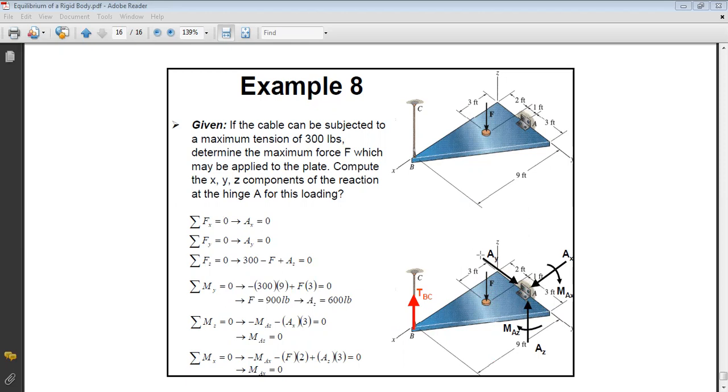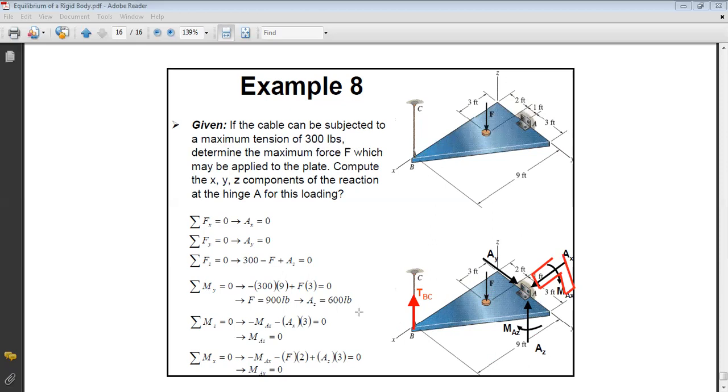AX is producing a moment about Z, and if I do the right hand rule, I put my 4 fingers along X, facing Z, and my thumb will point along the negative Z direction. So it's a negative moment.